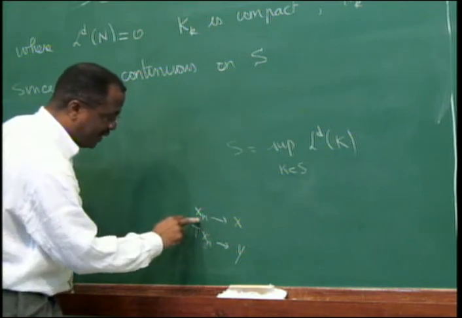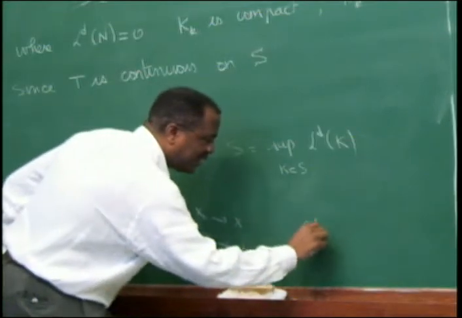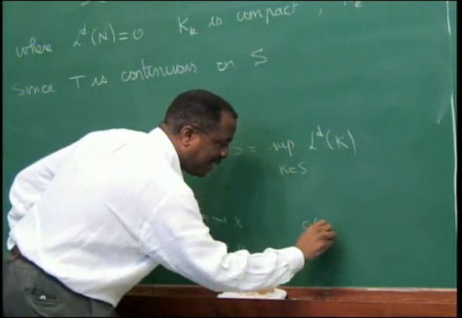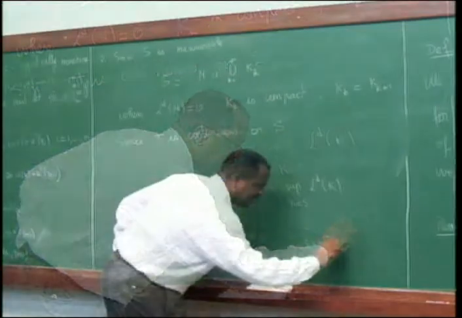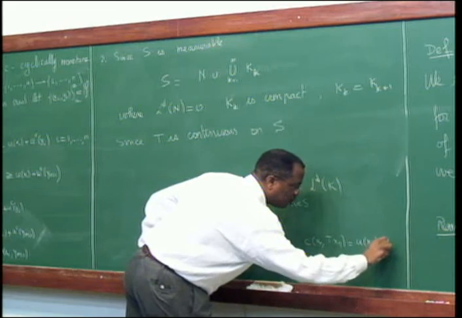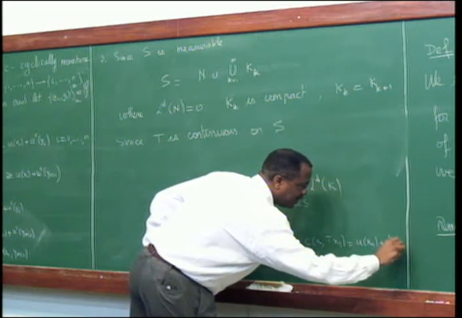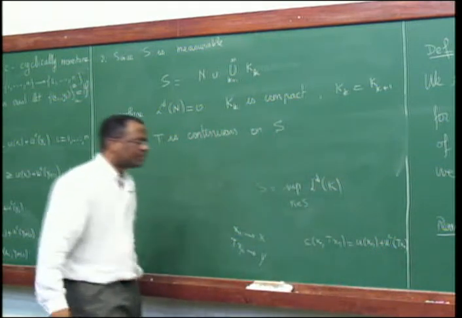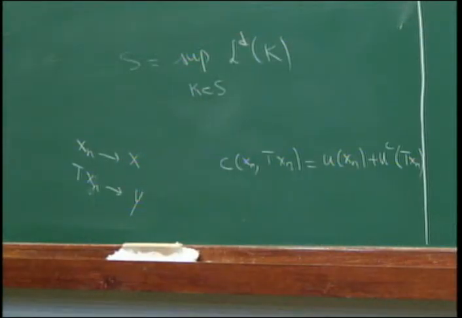The relation between x_n and T of x_n is C of x_n, T x_n is U of x_n plus U^c of T x_n. U is Lipschitz.